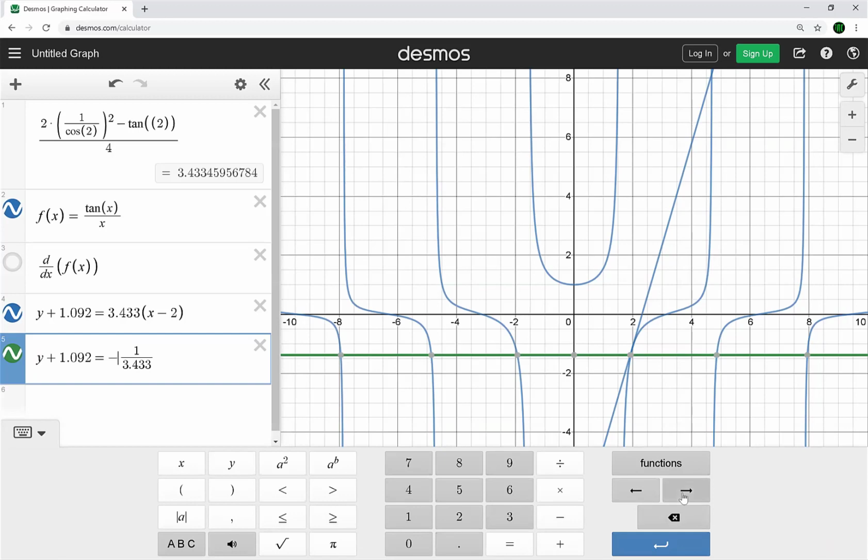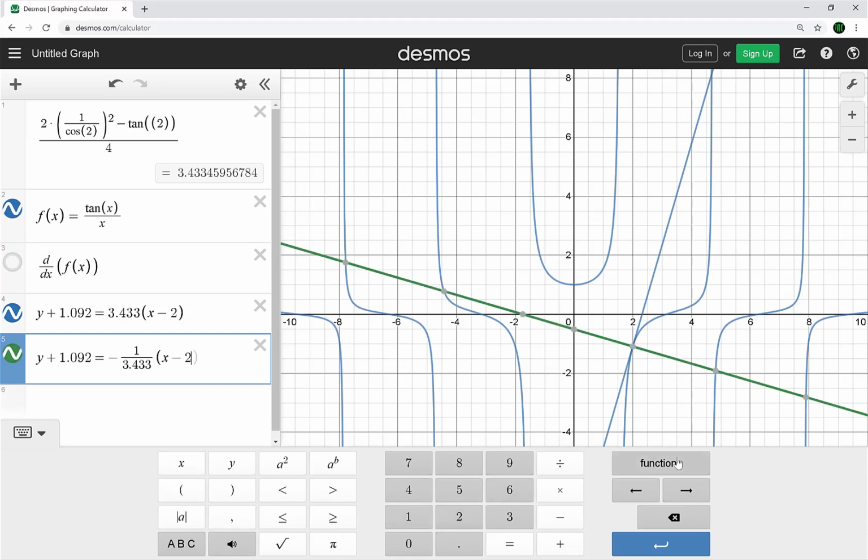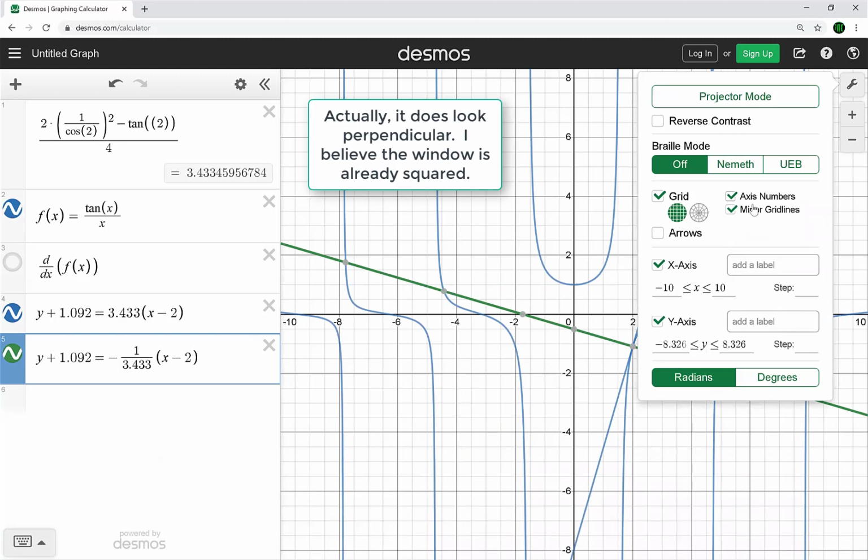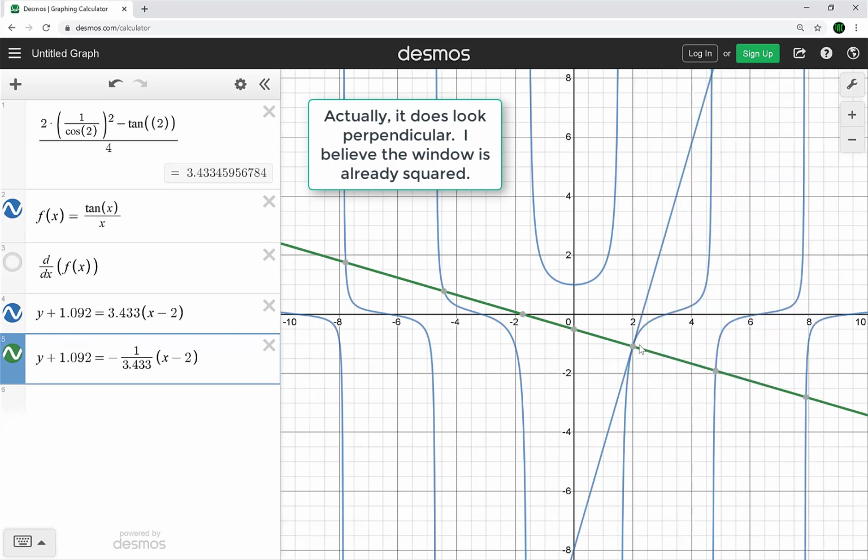And then x minus 2. And there it is. Chavez, that doesn't look perpendicular. Well, that's because the window is not square. Let me square it. Well, actually, it does look perpendicular. But there it is.